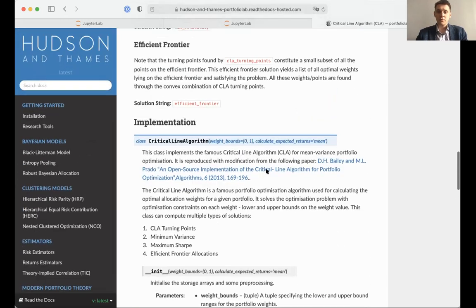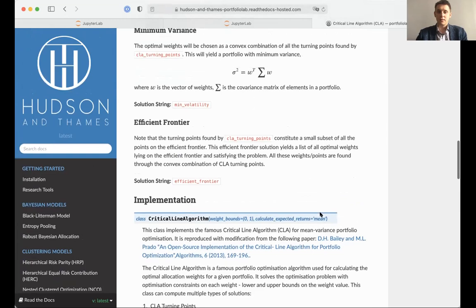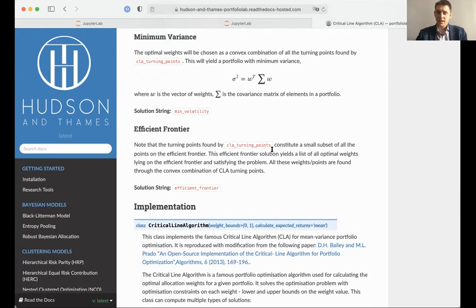One important note regarding the CLA algorithm is that if you would like to get the whole efficient frontier calculated by the CLA algorithm, so that you can play around with the data points and find the value on the efficient frontier which you think is the best fit for you, you can use the CLA turning points solution.